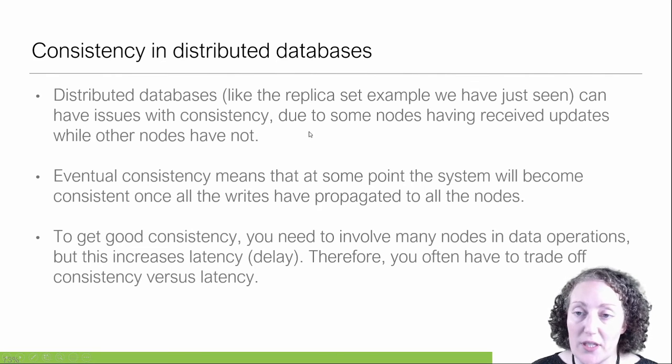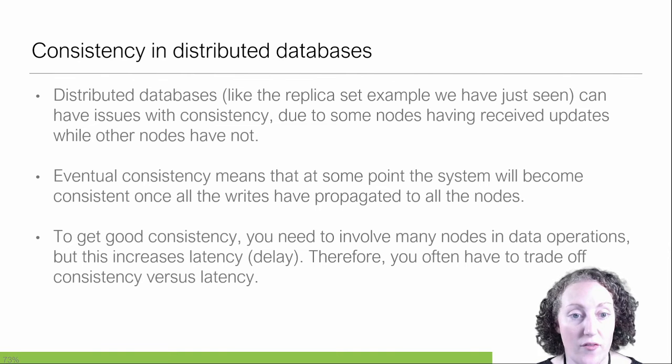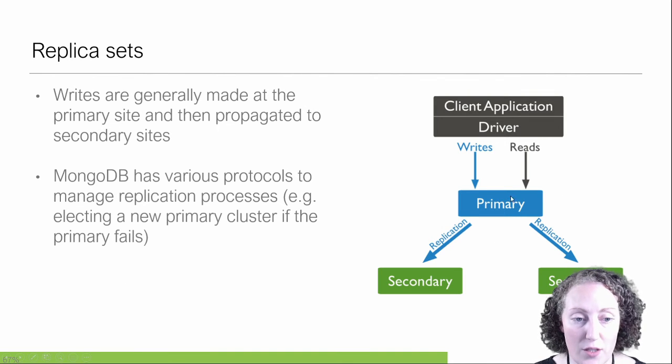So that actually brings me on to the next topic, talking about consistency in a distributed system. Like the example we've just seen, there can be issues where some nodes haven't yet received the updates while others have. So just to go back to this, if we do an update on the primary site, it's going to get replicated eventually to the secondary site.